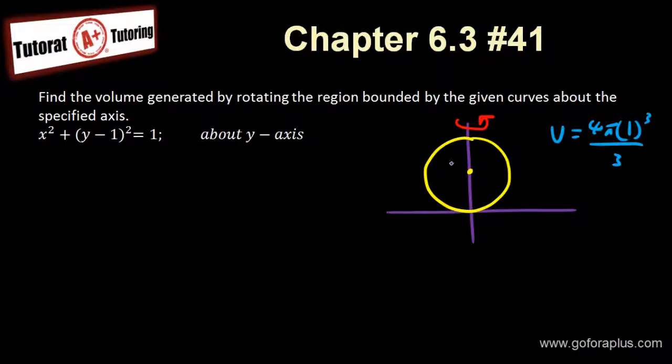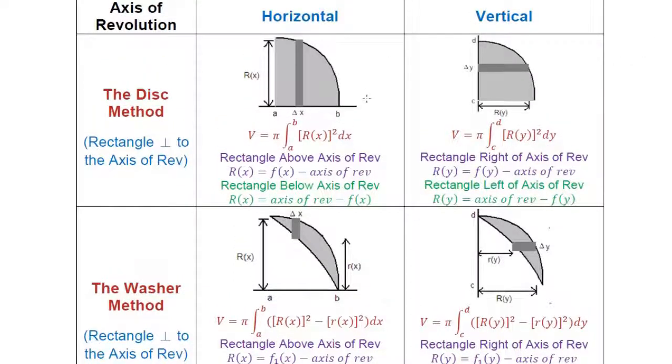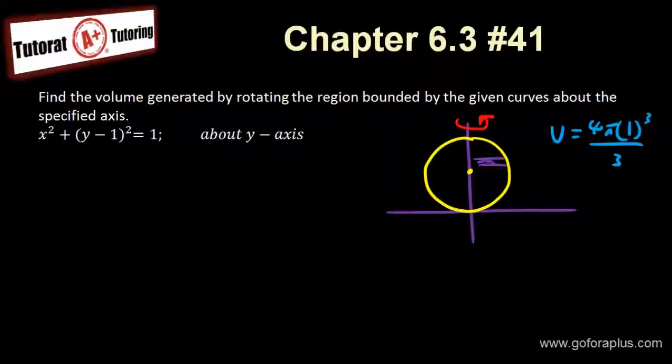Okay, so it should look like this. So this should be this method, right? Because your rectangle should be right here. Then it's turning, so it will be this method because it's sticking to the axis of revolution, because that will be perpendicular to it, and there's no gap in between them, so it's not a washer method. So I'll be using this method.